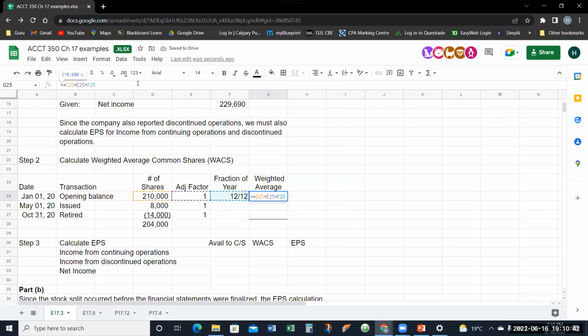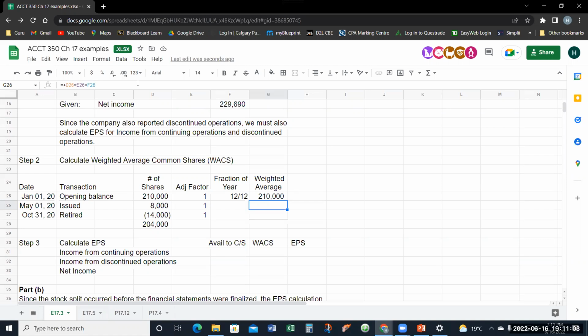And notice I've just used a formula here. I just multiplied them across. So having weighted for the length of time, as well as having taken into consideration any stock dividends or stock splits that occurred during the year, my opening balance works out to 210,000 for the entire year.